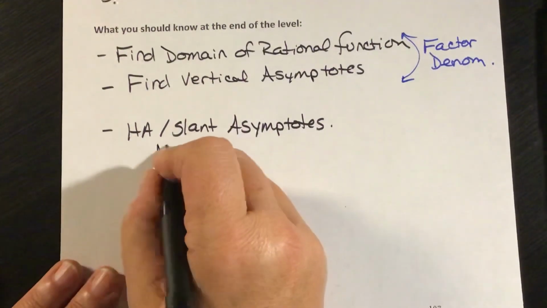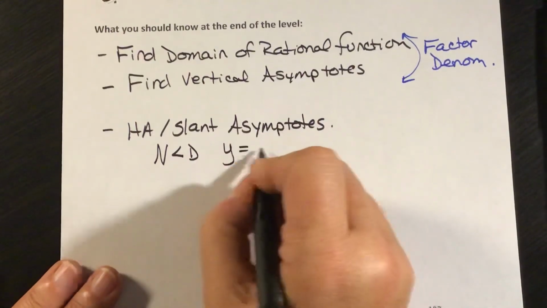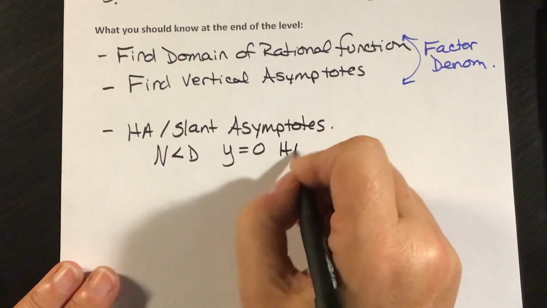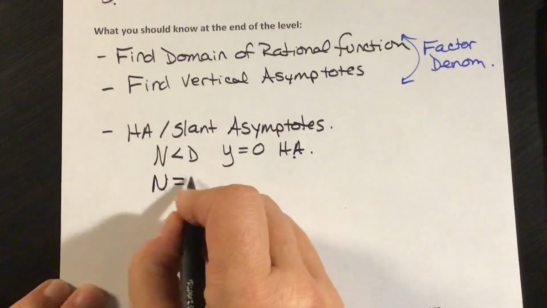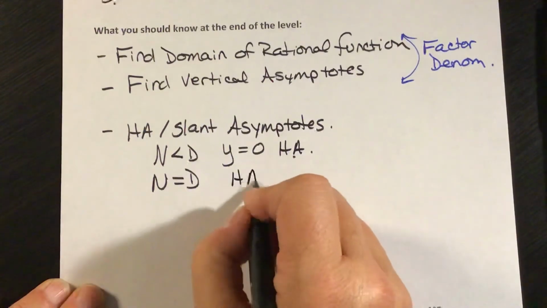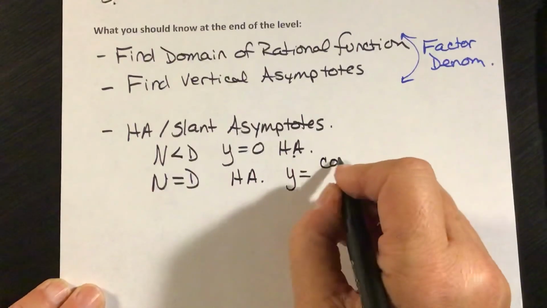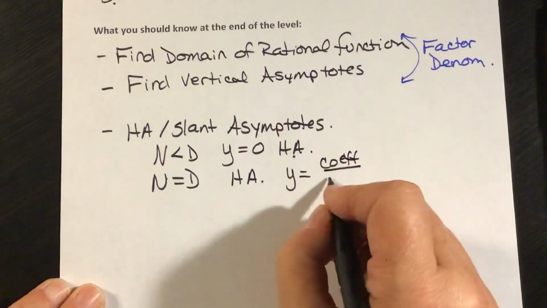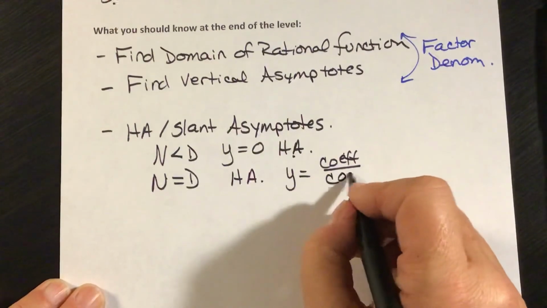If the numerator is less than the denominator, I always have y equals 0 as a horizontal asymptote. If my numerator equals my denominator, I'm going to have a horizontal asymptote where y equals the leading coefficient over the leading coefficient on the denominator.